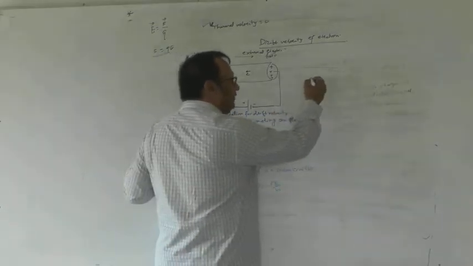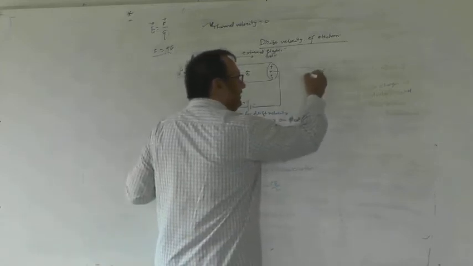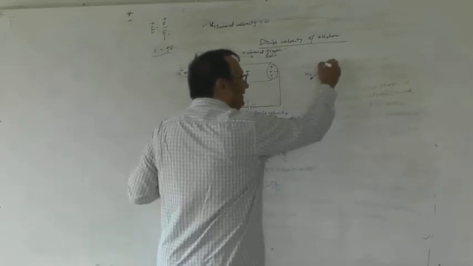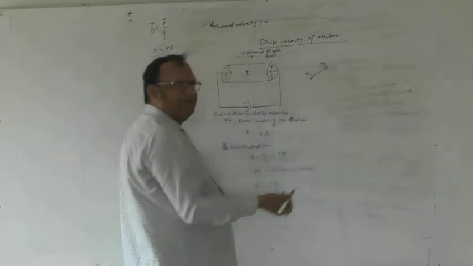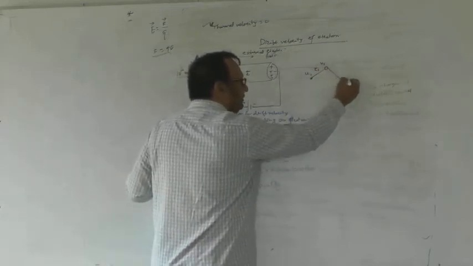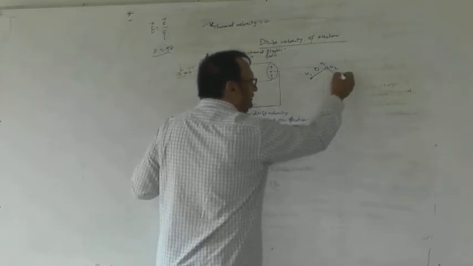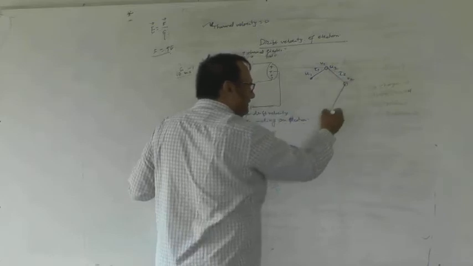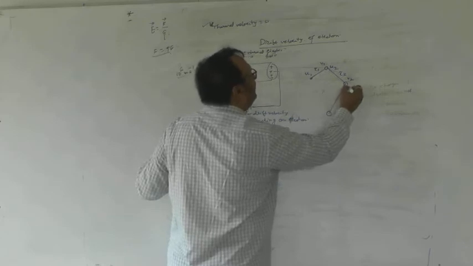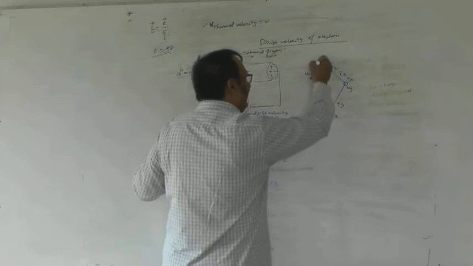Suppose here is an electron. The electron will move with thermal speed u1 and it will collide with another, getting velocity v1. The acceleration is suppose a1, the time is tau 1. Now again it will get u2, velocity v2, time tau 2, it comes here and collides again, then becomes u3, v3, tau 3, and collides like this.